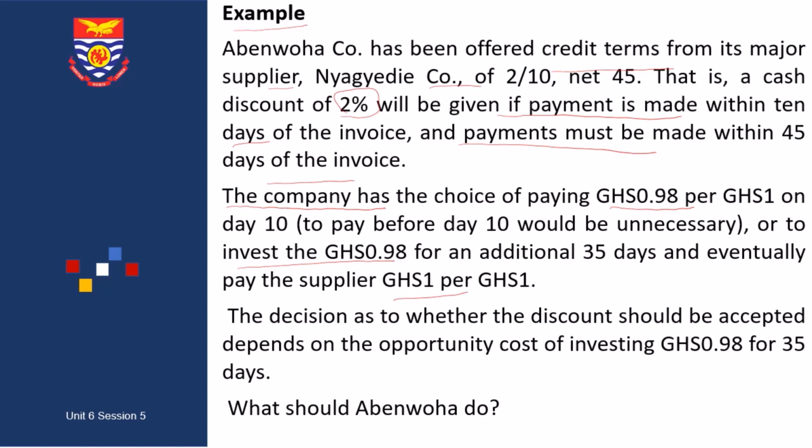But if you take advantage of the 10-day limit, you pay just 0.98. So the question is, will you choose the 10 days and pay 0.98, or wait for the 45 days and pay the 1 cedi? In the 35 days you can invest the money and get something that far exceeds the 0.02 discount they are giving you. That is the decision we are going to make.